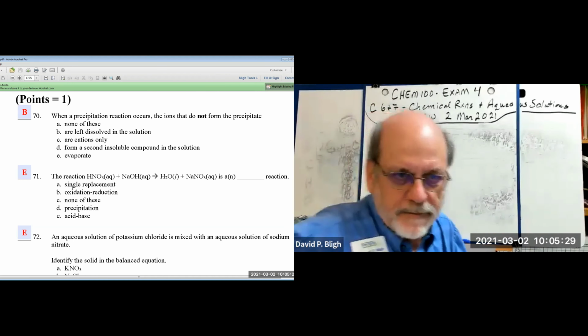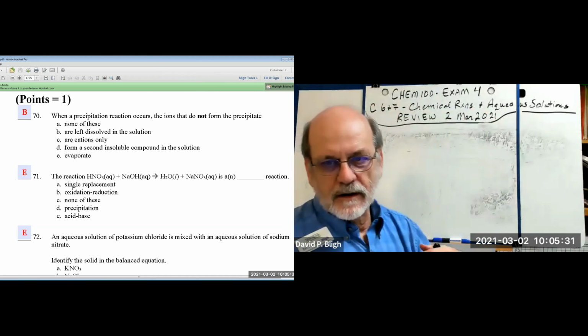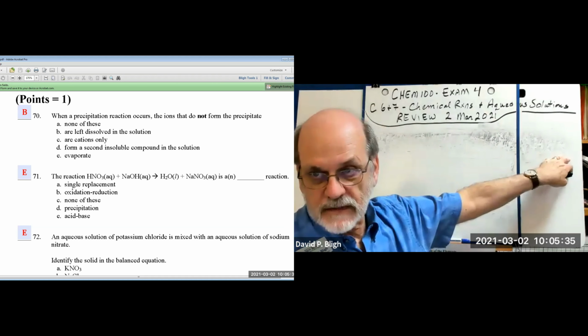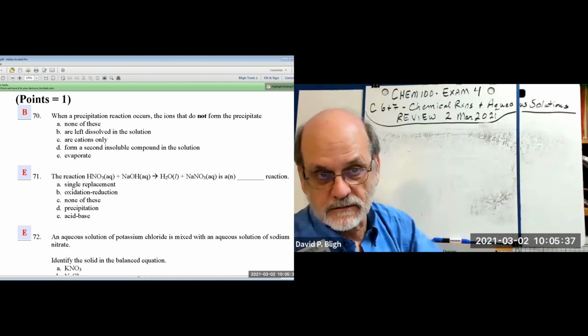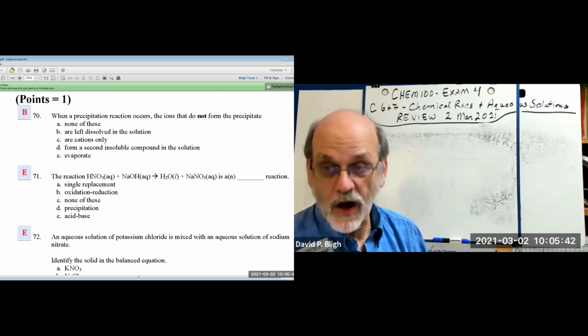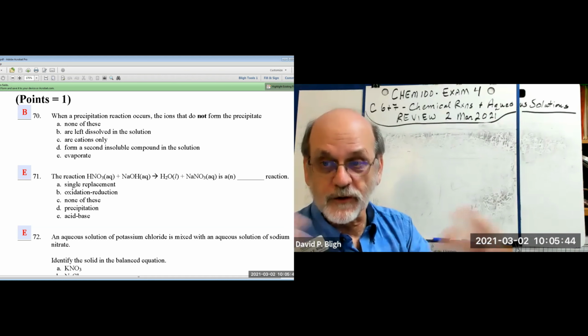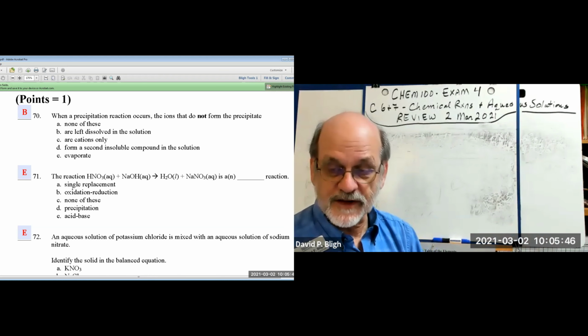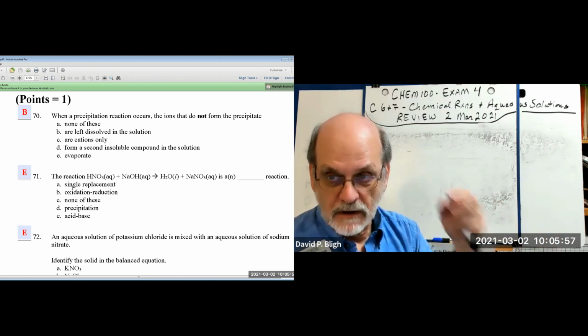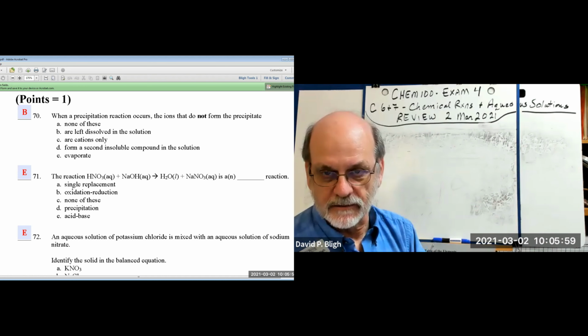So back to 70. What happens to the ions that don't precipitate? That one out there that was still in solution. They stay dissolved in solution. The ions are still free. If you write a compound that says aqueous, well, it depends on the compound, but if the compound is formed from a cation and anion, then those two entities break apart and they're in solution, separate.